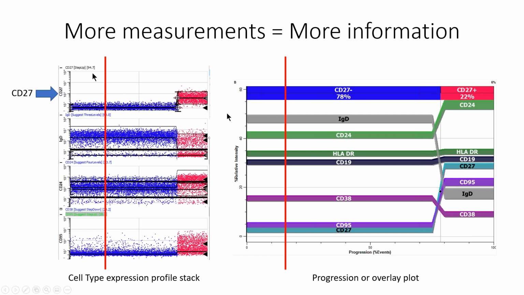This then becomes the basis of the overlay progression plot where you can visualize how the markers change and interact. In this case, it's B cells. We see CD27 here. It upregulates into the memory B cell population.